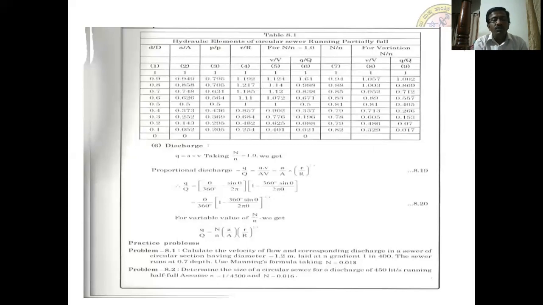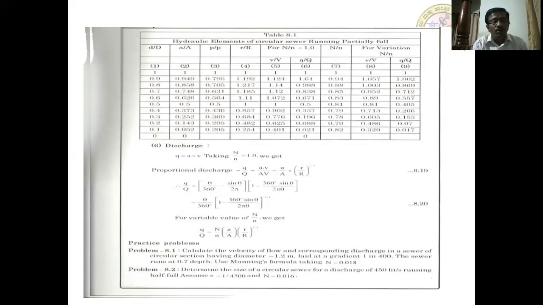Small q equals small a into small v, capital Q equals capital A into capital V. Once again, a by A is theta by 360 minus sin theta by 2 pi, and we also know r by R is 1 minus 360 sin theta by 2 pi theta. Simplifying, we get theta by 360 minus sin theta by 2 pi, times 1 minus 360 sin theta by 2 pi theta.